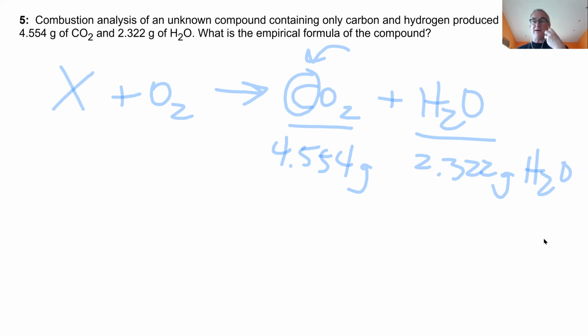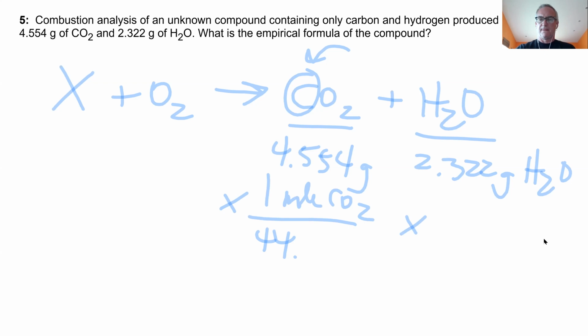So if we figure out how many moles of CO2 we have, that also answers how many moles of carbon we have. So I'm going to take this and multiply it by 1 mole over the molar mass of CO2, which is like 44 point something. Someone wants to look it up for me. That is 44.01.